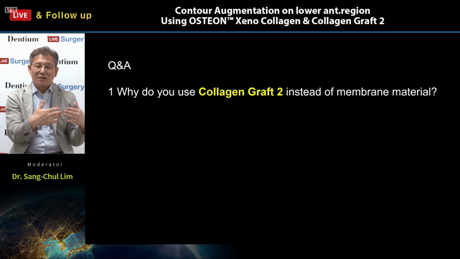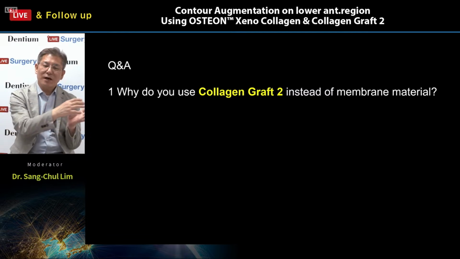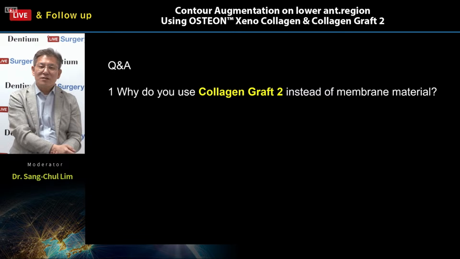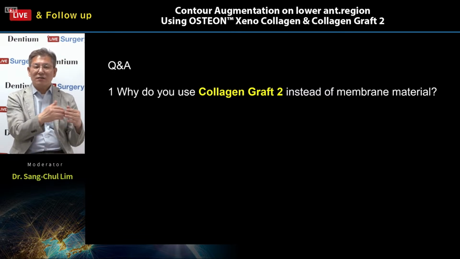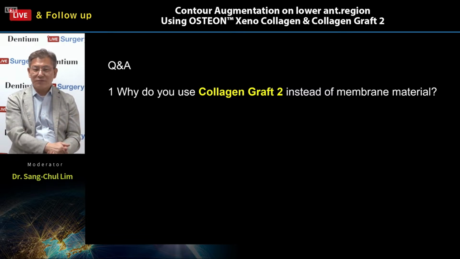However, in the contour augmentation concept, the volume-up concept, some part of the grafting materials goes to newly forming bone, and another main part intermingles with the soft tissue areas. That is what we call the volume-up concept. So you apply this collagen graft 2 instead of a membrane, right?